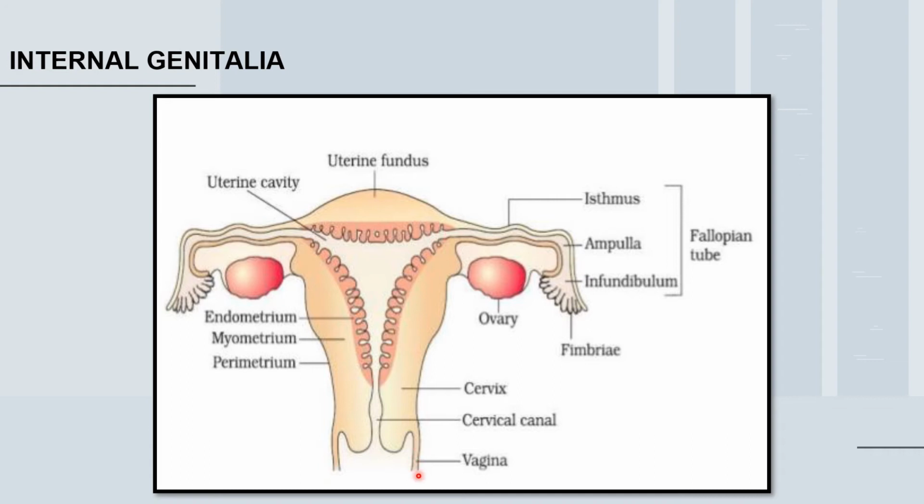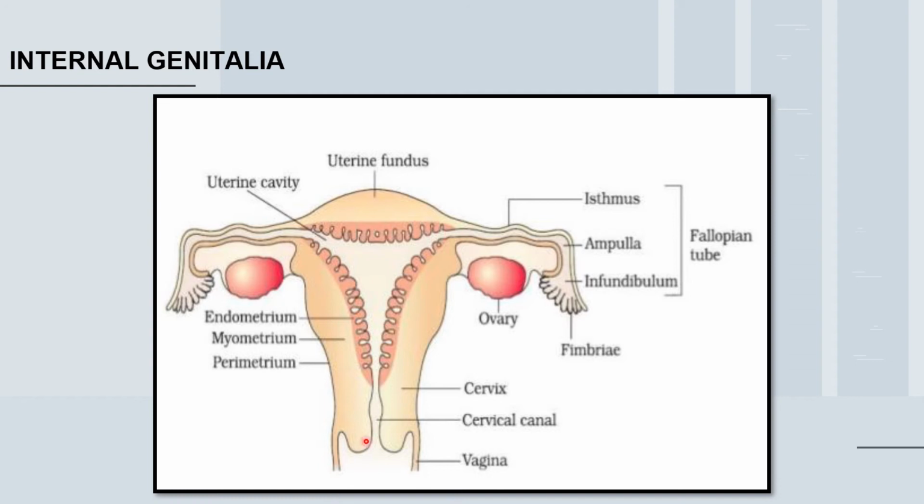The glycogen secreted by the vaginal epithelial cells would get fermented by the bacteria which are normally present in the vagina. So fermentation of the glycogen would lead to the production of lactic acid, and that is why the environment inside the vagina is considered to be acidic. So the secretion which is given out by the vagina is considered to be acidic in nature.